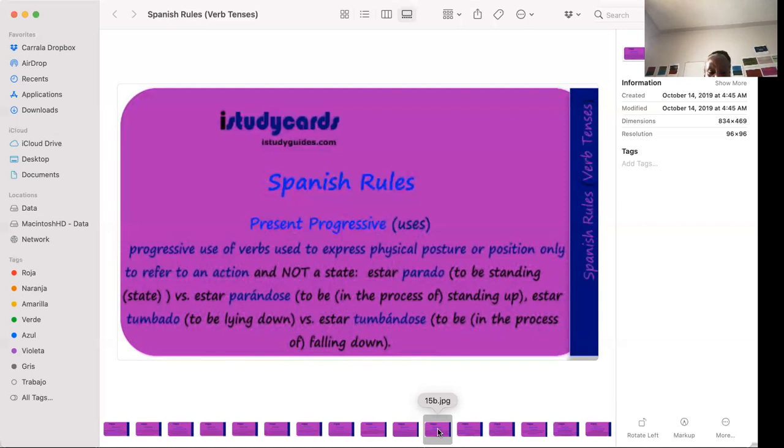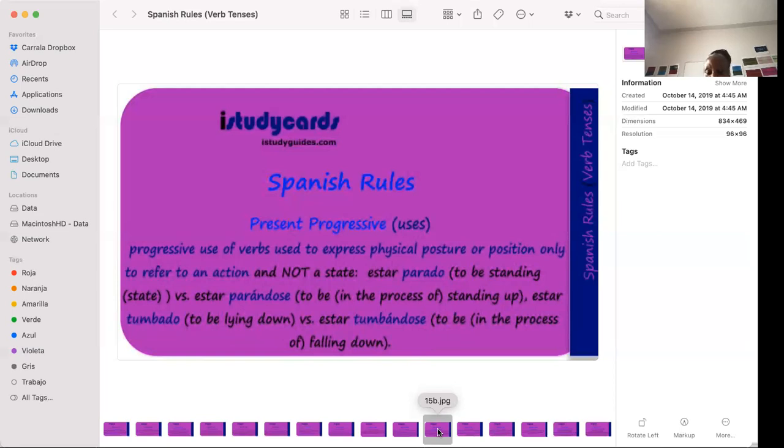Estar tumbado, excuse me, because parado and tumbado are the past participle of the verb. Parar, parado, tumbar, tumbado. The past participle of the verb is either -ado or -ido. So if you say estar tumbado, it means to be lying down.